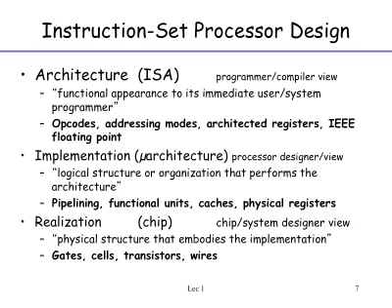Underneath the instruction set architecture, we need to consider how we implement the processor, which refers to the logical structure or organization that performs the architecture. In order to support the defined instruction set, you need to have the necessary components.